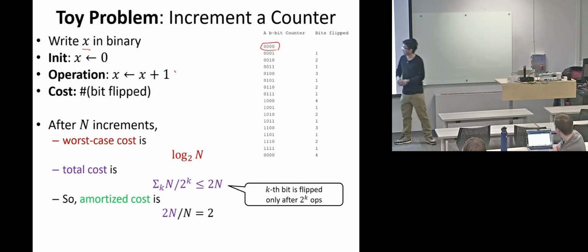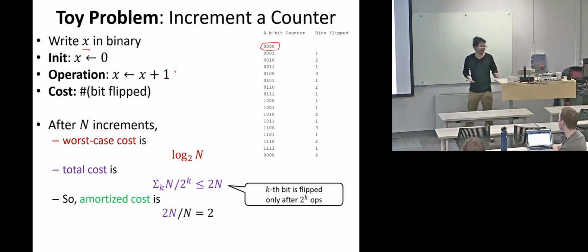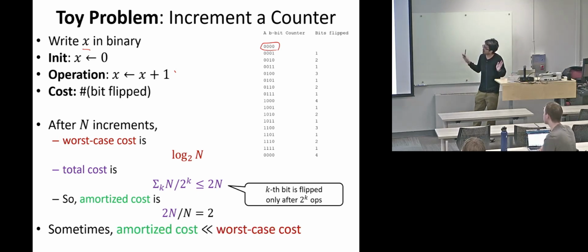On average, how much do you pay per operation? For this simple scenario, you can see that the amortized cost can be much smaller. One is constant, the other grows as a function of n.